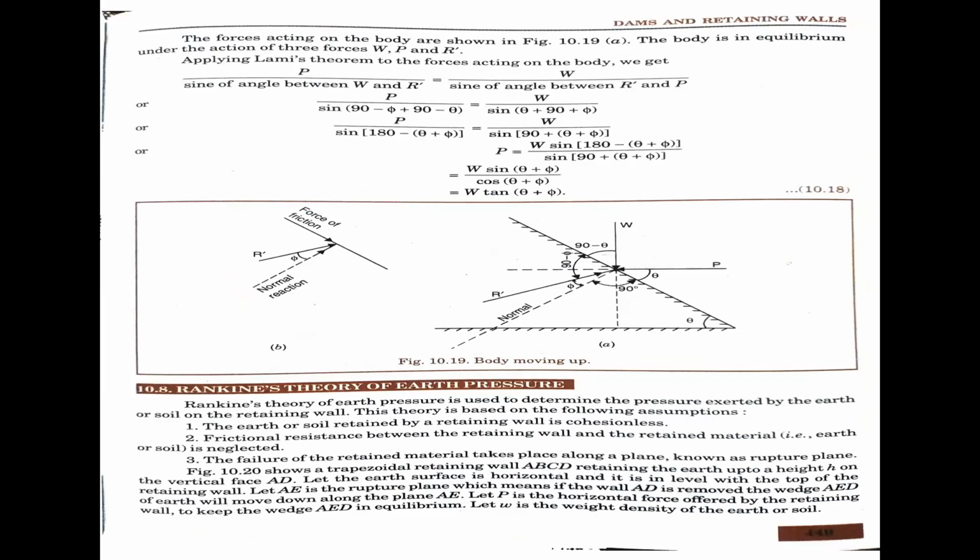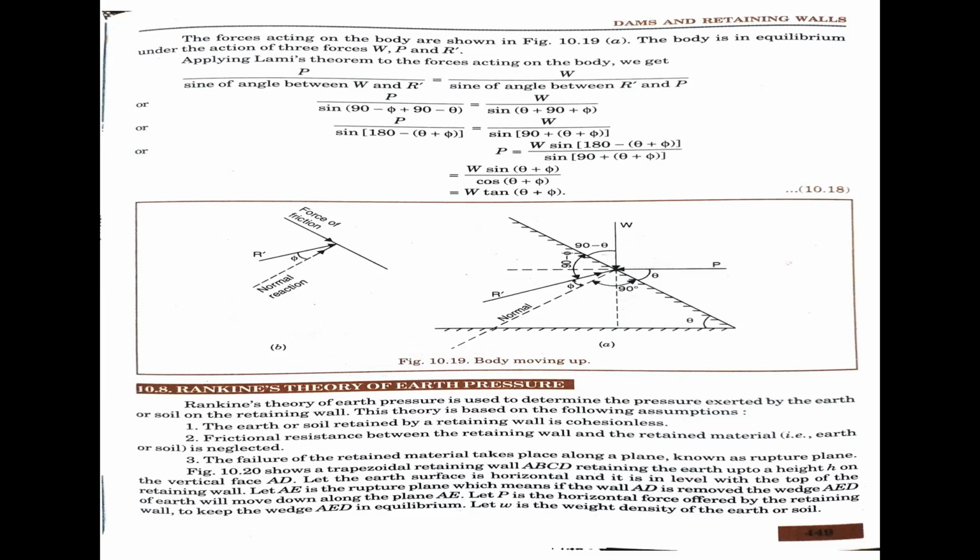Okay. Now Rankine's theory of earth pressure is used to determine the pressure exerted by the earth or soil on the retaining wall. This theory is based on the following assumptions. The three assumptions are there, to be followed for Rankine's theory, for the failure of the retaining wall.